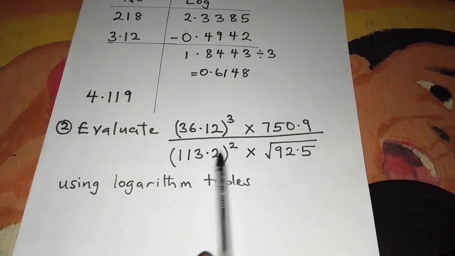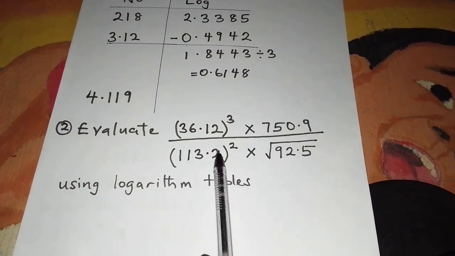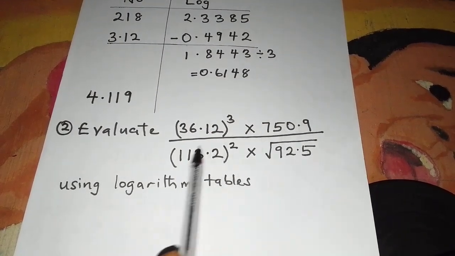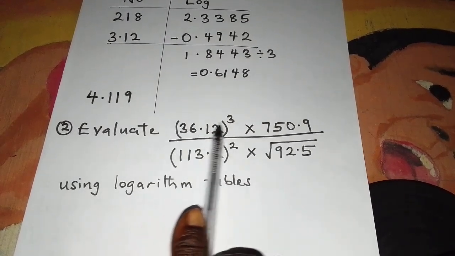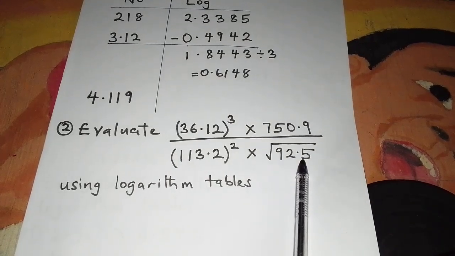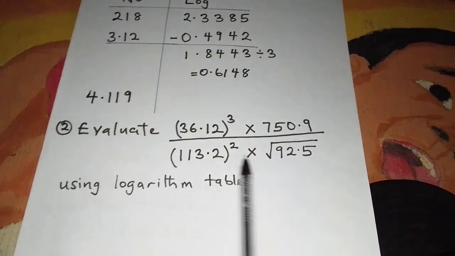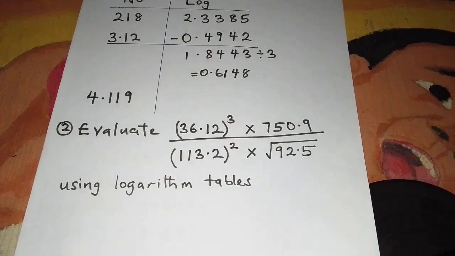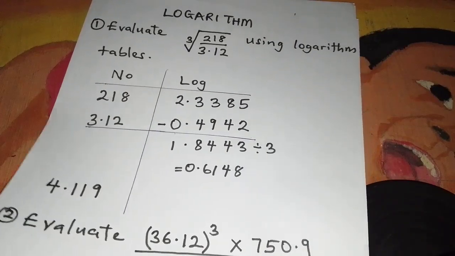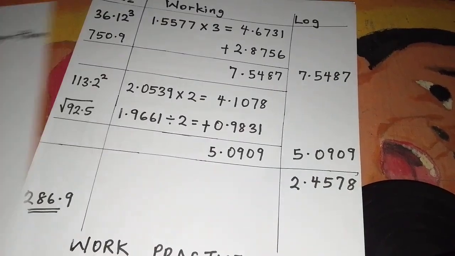Then because both of them are multiplying, you add their logarithms. Then the numerator is divided by the denominator, so you subtract the final answer for the denominator from the final answer for the numerator, before you look for the antilogarithm. Now let us see how it's going to be done.